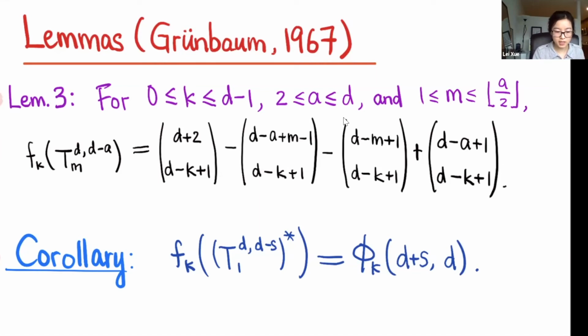What this is saying is that we just answered the first question for the equality cases: this polytope is the winner here component-wise. It has the component-wise minimal f-vector, and for each k, it has exactly phi_k(d+s, d) many d-k faces.